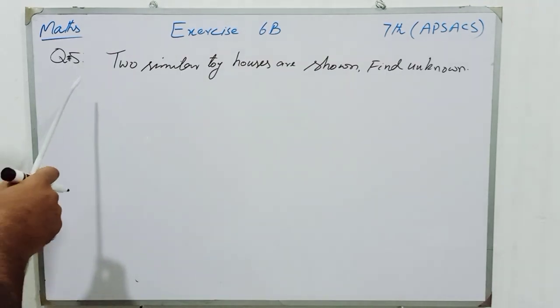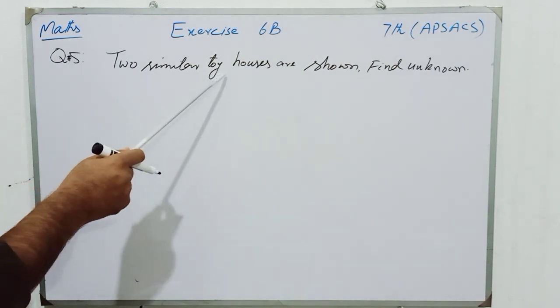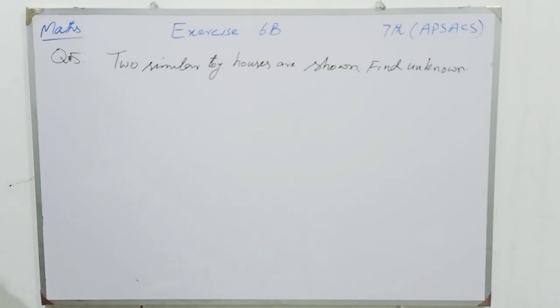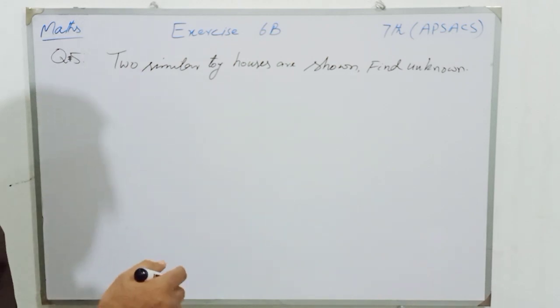Students, question number 5. Two similar toy houses are shown, find the unknowns, and I am going to tell you how to draw these toy houses.